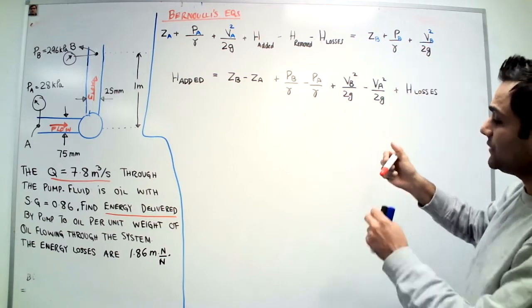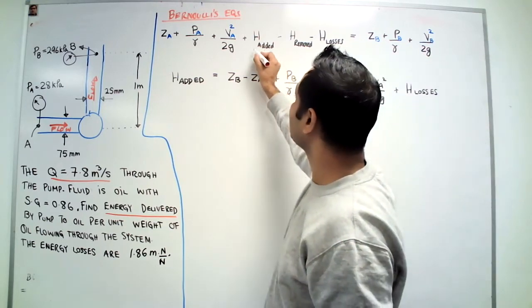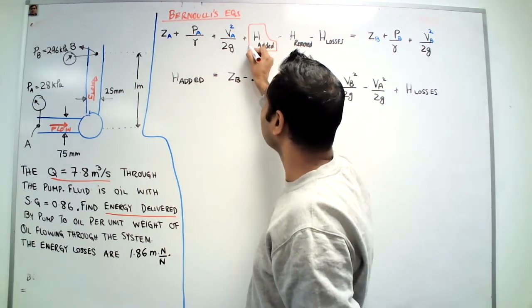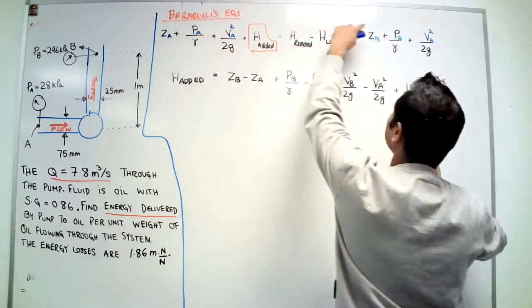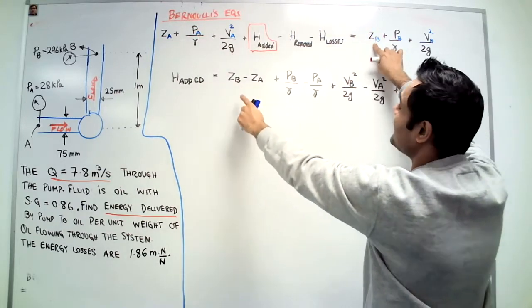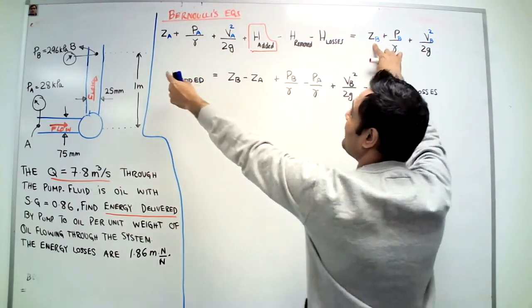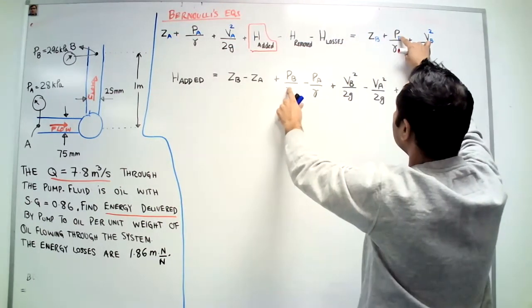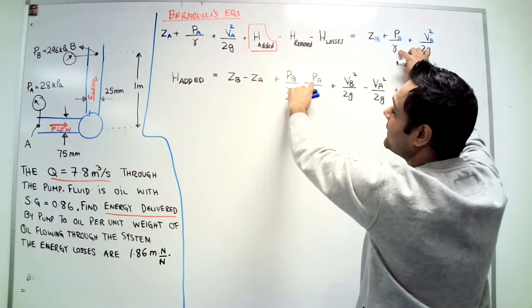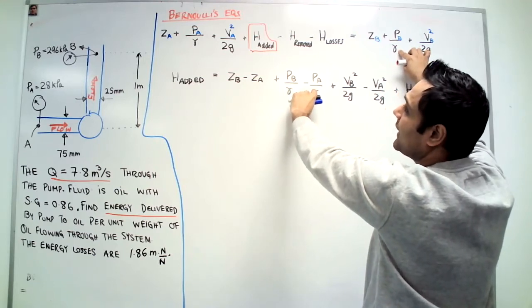I can rearrange this equation and make this term the subject. First I move the ZA to this side, so that becomes ZB minus ZA. Then I move this to that side: PB over gamma minus the pressure PA over gamma.